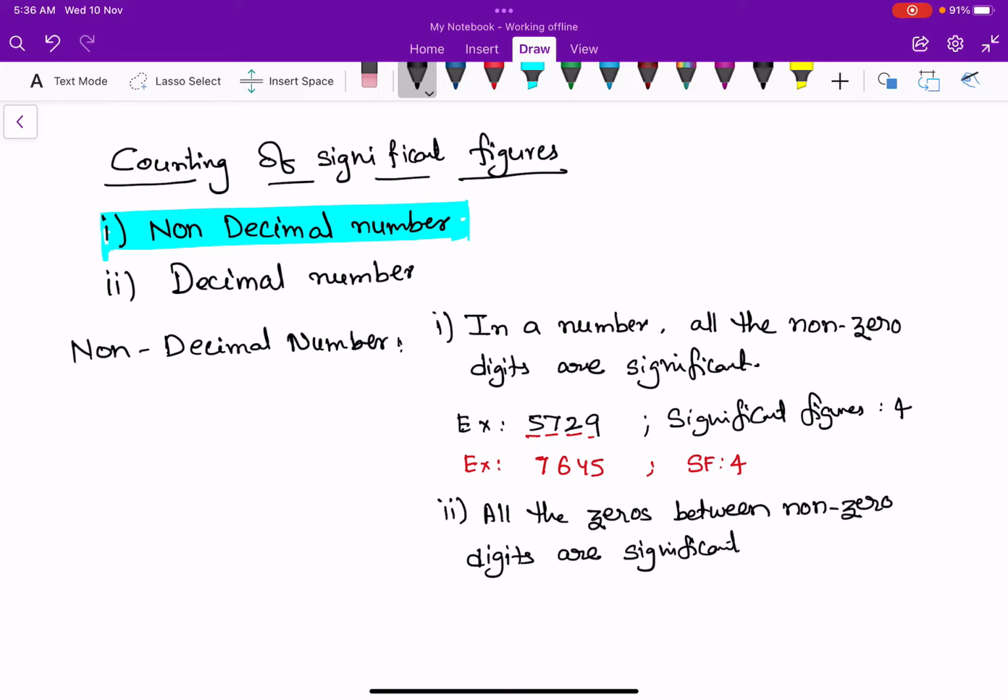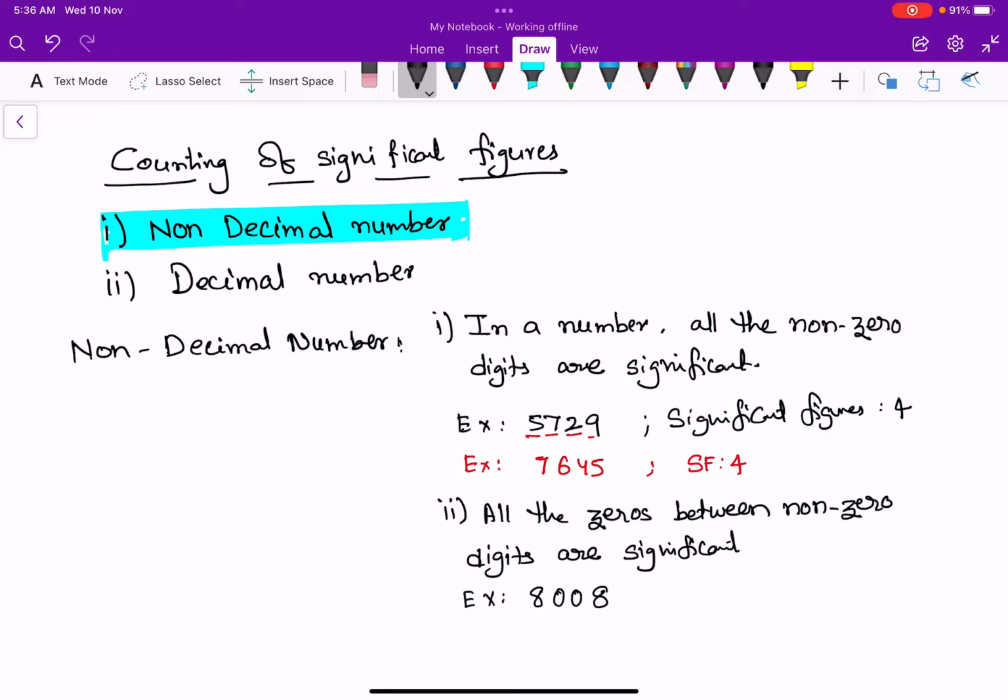What is the meaning of it? All the zeros which are there are significant. Let us say a simple example, 8008.